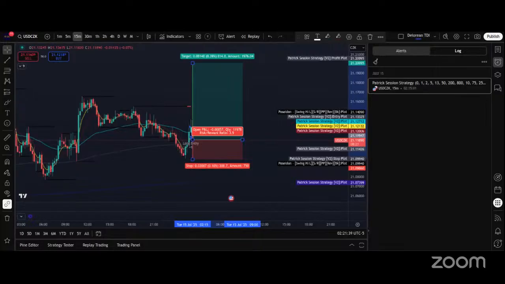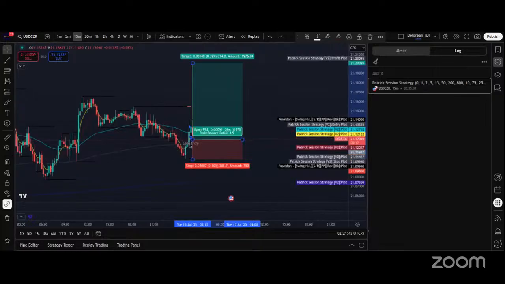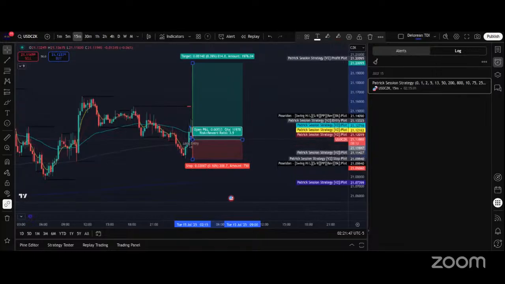We have a stop loss of 21.09860. This is going to be for 209 pips. And we have an entry price at 21.11947.